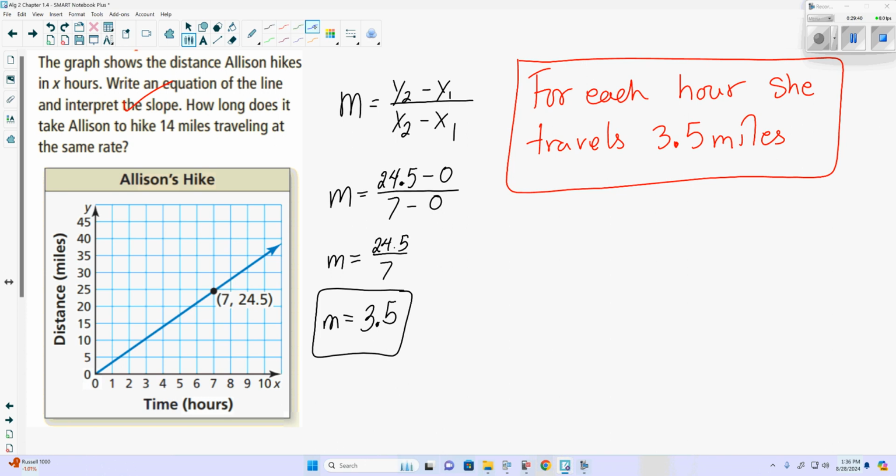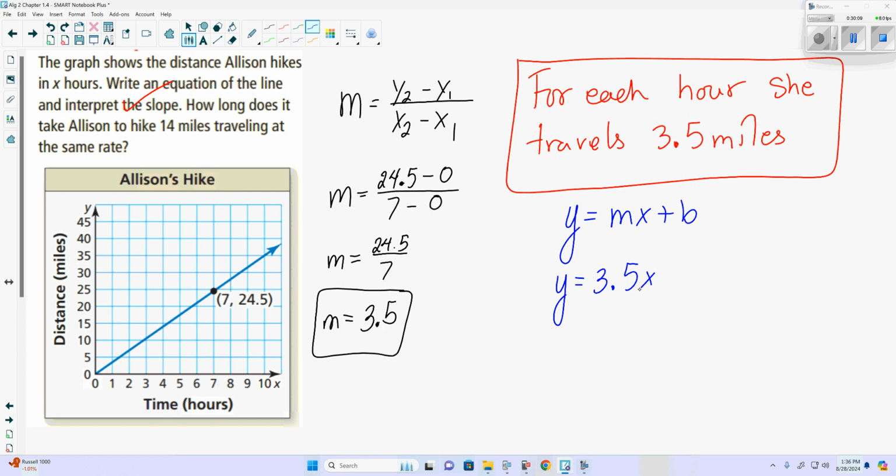Now we need to write the equation of a line, yes? Okay. Let's use, so we'll have y. Do we have the y-intercept? Yeah, 0, 0. So we can use our y equals mx plus b. Because our slope is 3.5 x, and our b is 0.